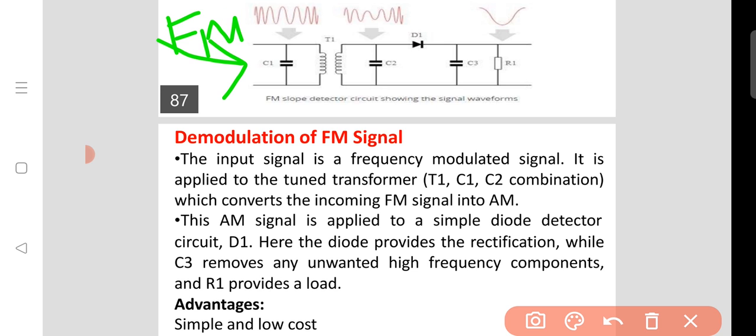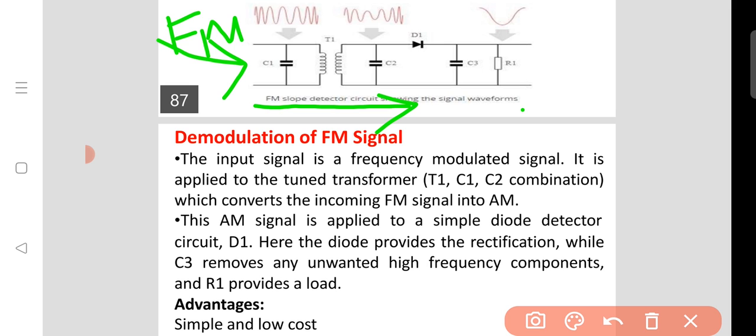This FM signal passes through this frequency discriminator, the LC tuned circuit. The LC tuned circuit consists of a transformer and capacitors C1 and C2 on both the primary and secondary sides. Here the transformer is nothing but an inductor, acting as an inductor.